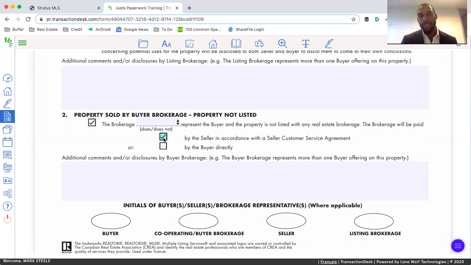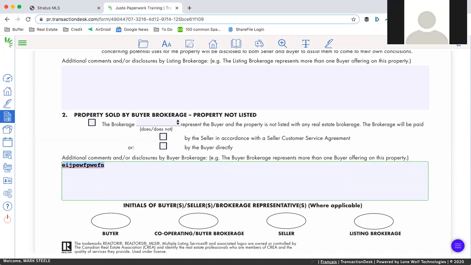If you ever come across a property, for example, that your client likes, and they want to use you to help negotiate on their behalf for someone who's selling their house privately, maybe on Kijiji or Craigslist or some other website. Okay? Yeah, thanks. Okay, and then any other additional comments you have, just for clarification purposes, can be typed in this box here. Okay, good question.